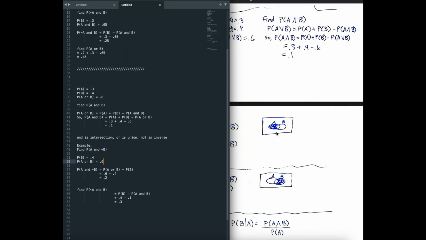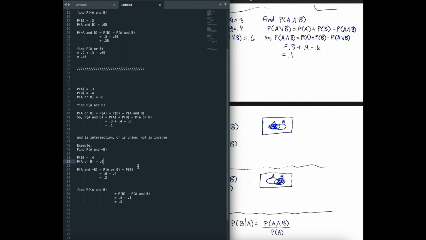Probability of A and not B. So you subtract the intersection of A and B. And you can see that is written probability of A and not B equals probability of A or B minus probability of B. So it's basically rewriting it a different way.